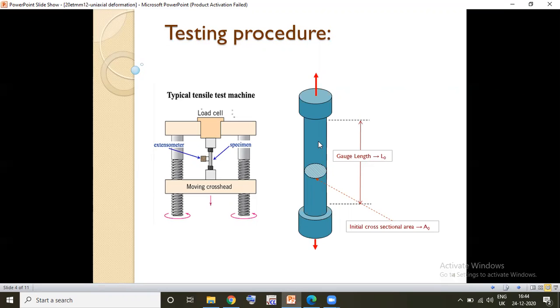As we reduce the area in this section, the stress increases, and a deformation will occur in this region. The deformation is favorable in this region because we can record it by using an extensometer, which is basically a strain gauge. Therefore, we can know the yield strength of the material.